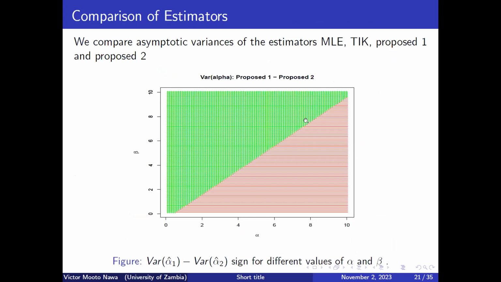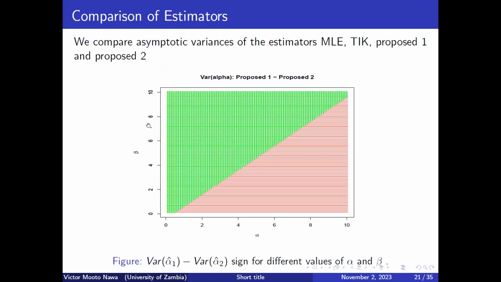The next part here, we are doing a comparison of the estimators. And basically what we are doing here is comparing asymptotic variances of the maximum likelihood estimator, the TIK, and our two proposed estimators, proposed 1 and proposed 2.